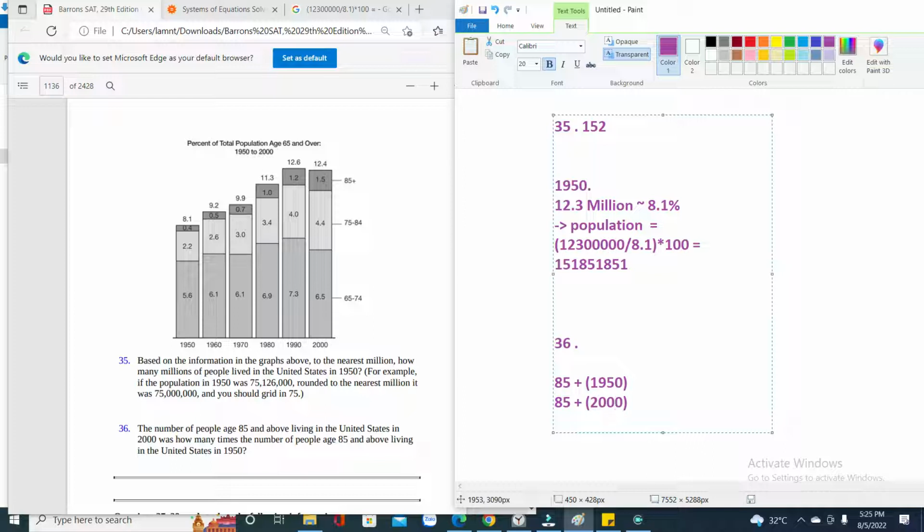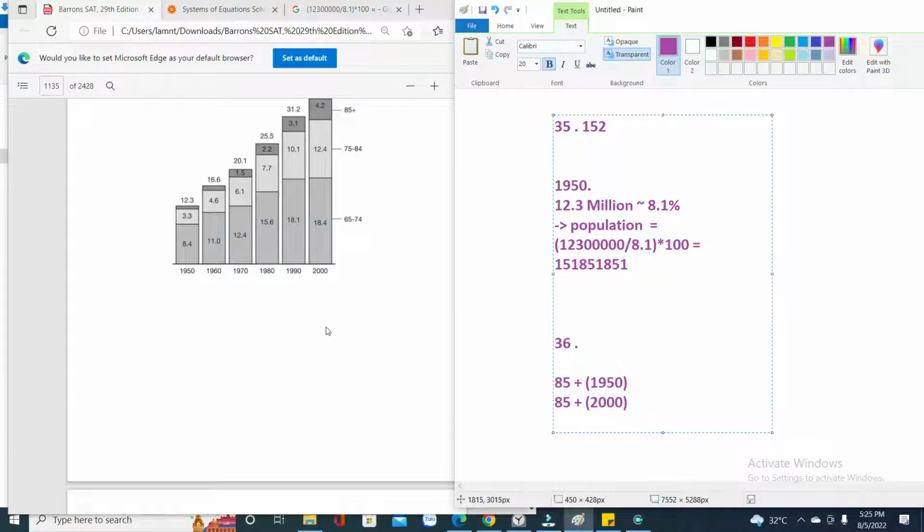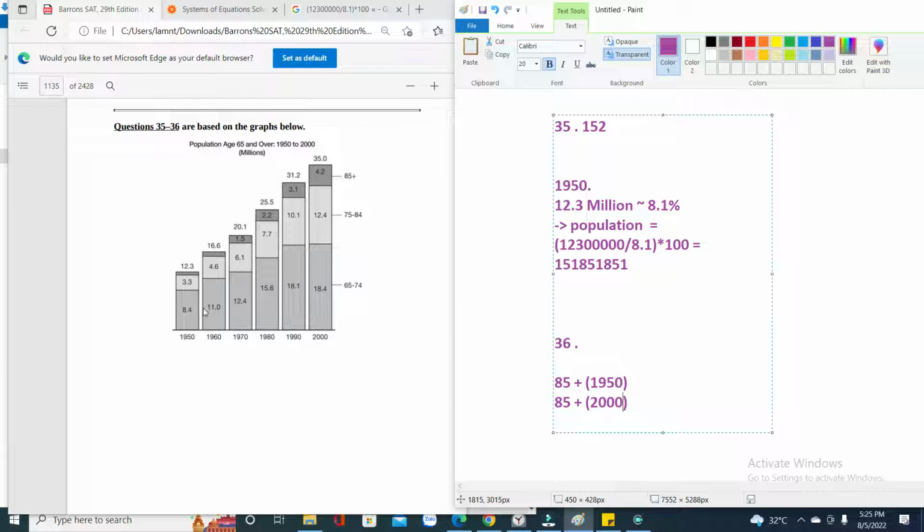In 1950 there was actually, how many million? So this is 12.3 minus 3.3 minus 8.4, times a million.